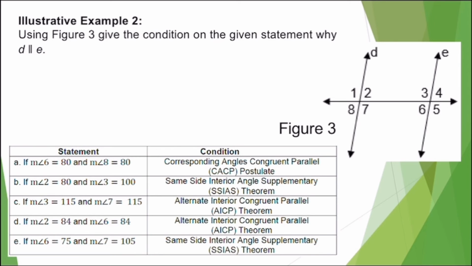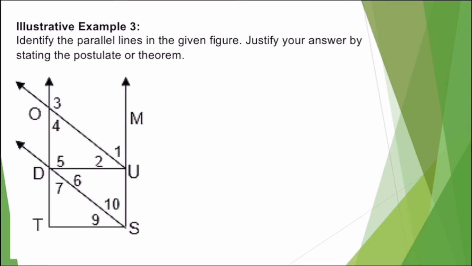Now, let's proceed to our example 3. Let's identify the parallel lines in the given figure. Let's justify our answer by stating the postulate or theorem. So given the figure, let's identify the parallel lines and the postulate or the theorem that applies.